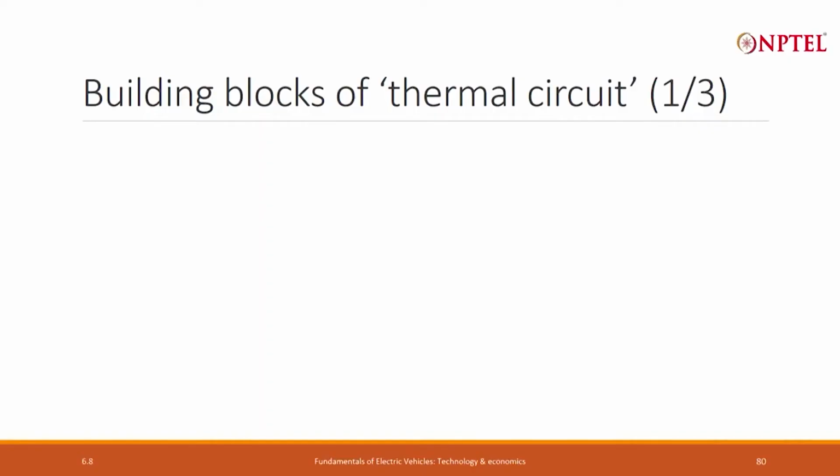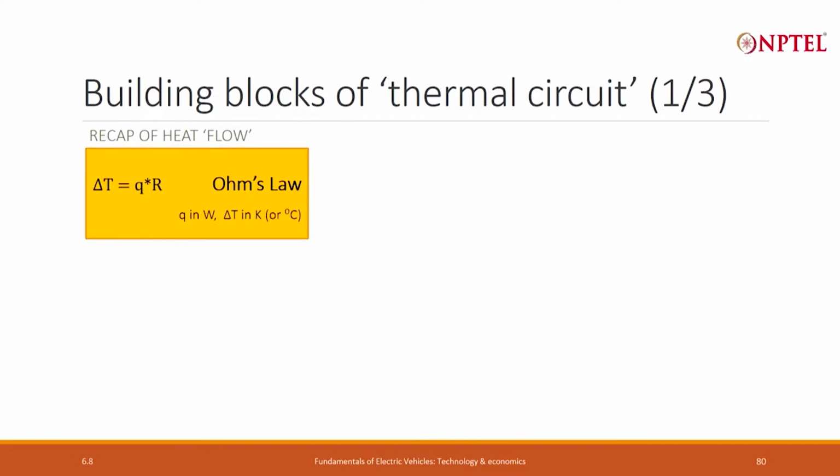So, before we get into building the whole thermal circuit of the motor, I will start with a few building blocks. Firstly, let us recap what we already know. Ohm's law applies: temperature difference is like the voltage which drives the heat current, which is in watts, and the ratio between the two is the thermal resistance.